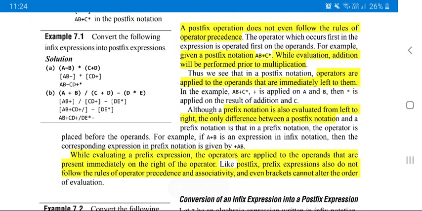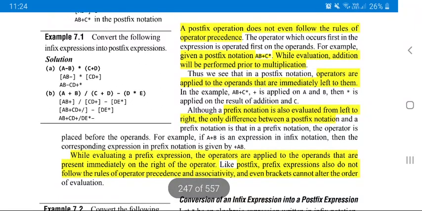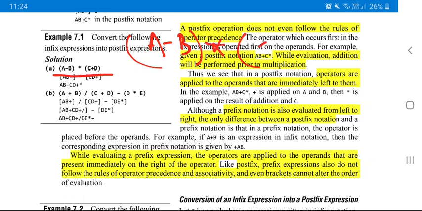Convert the following infix expression to a postfix expression. This is an example. A minus B, into C plus D, where the part inside the braces you have to do first. In this case, A minus B becomes AB minus, and C plus D becomes CD plus.